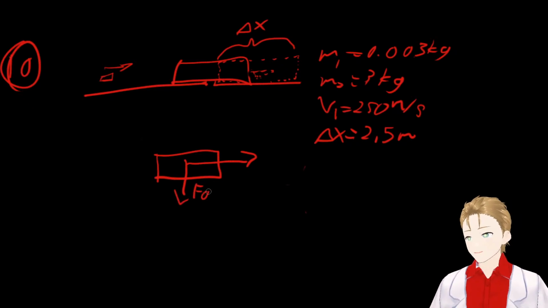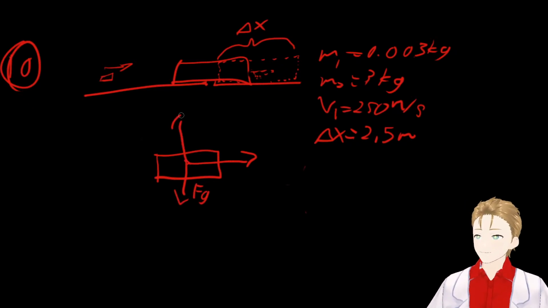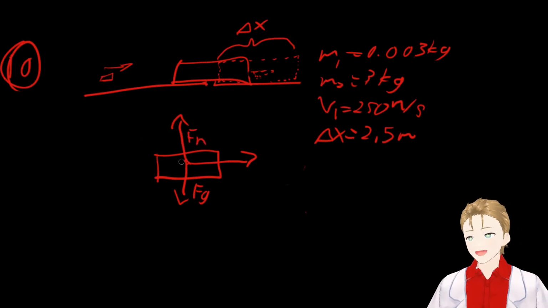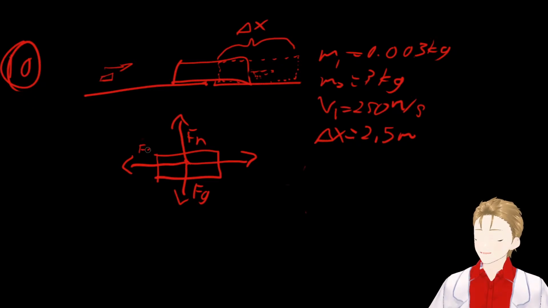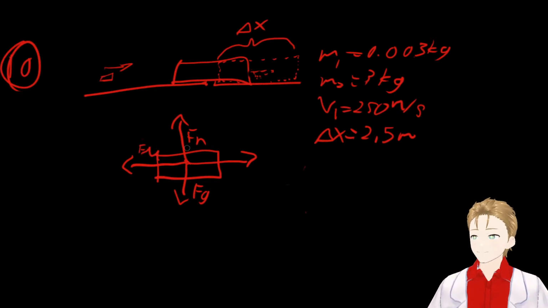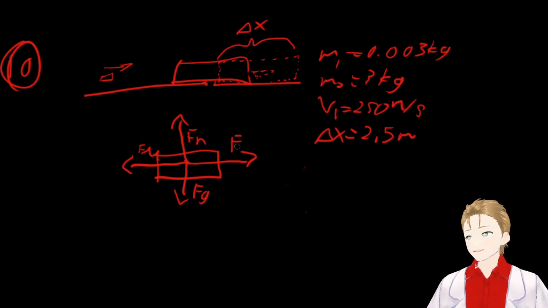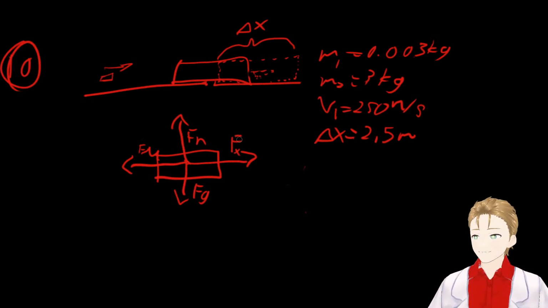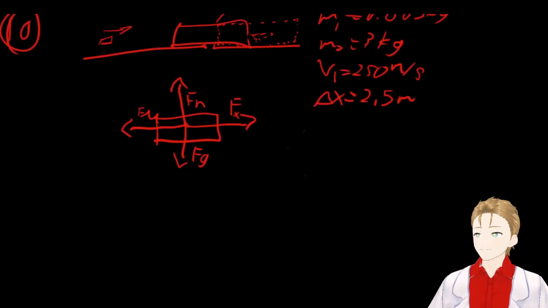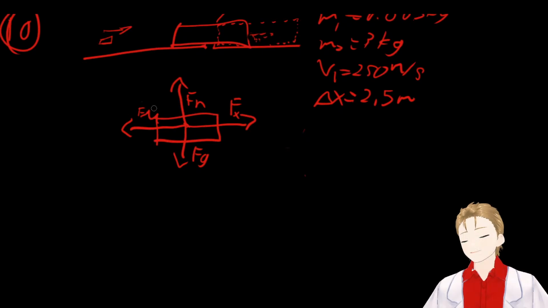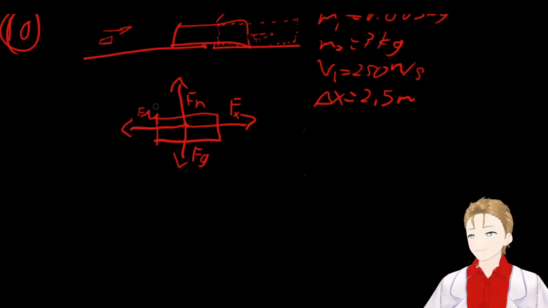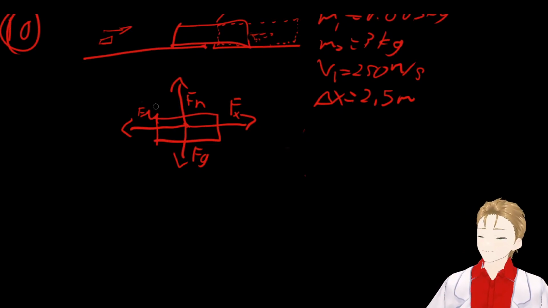We know there's a gravity force, we know that there's a normal force to counteract it, and then we know there's the friction force, and a force in the X direction. So we want to find the friction force. We don't really have the friction coefficient.